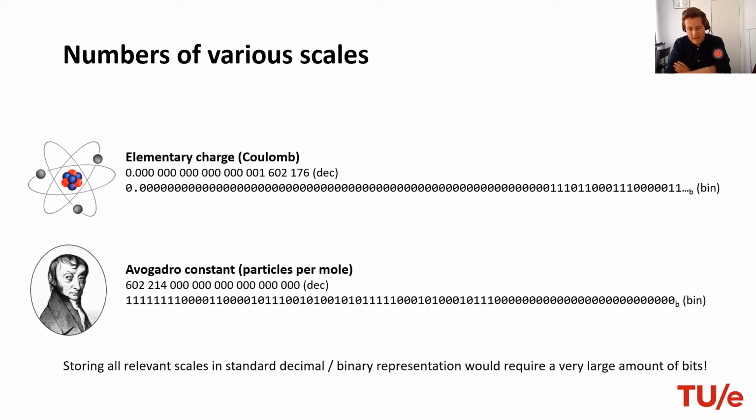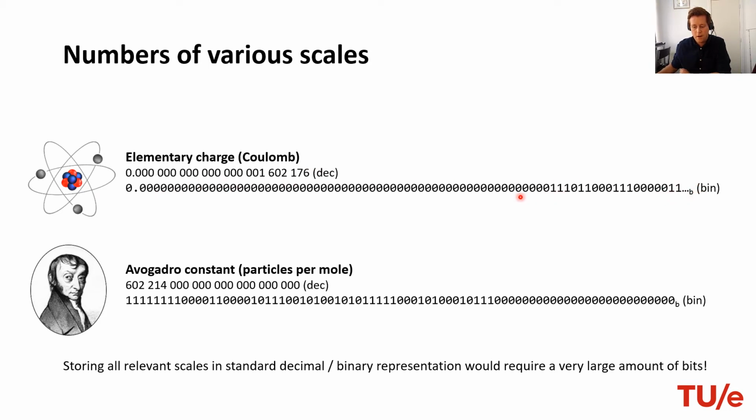And we see that we have both very large numbers and very small numbers. And these numbers are hard to represent, let's say with a standard decimal notation. Here this requires already quite a number of decimal digits, but in binary it gets even much worse.